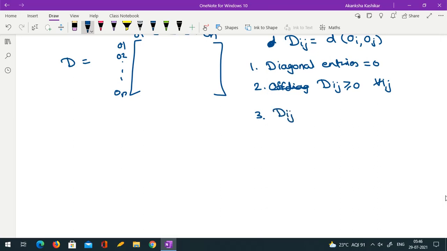Hence, Dij is equal to Dji, and therefore D is a symmetric matrix. Distance matrix is a symmetric matrix. Okay, so far? We are going to need this distance matrix especially in the hierarchical clustering, so please keep these properties of distance matrix in mind.